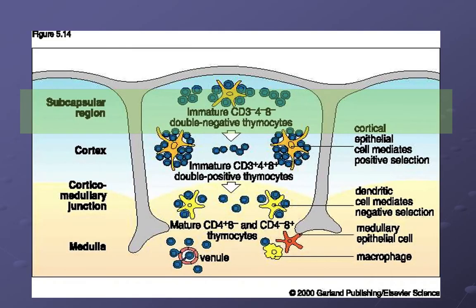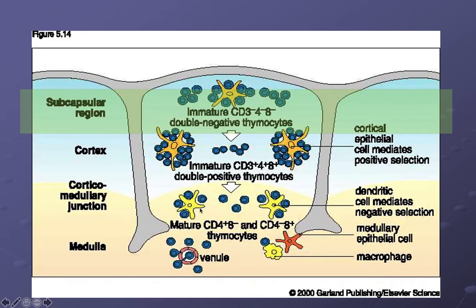Immature double negative thymocytes, we can expect in the cortical area. And then as they mature, they specialize further, eventually becoming effector T cells, either helper or cytotoxic, or further subsets depending on activation by other cells or by chemokines. So from capsule to medulla, from outer cortex into the medulla with blood vessels, we expect a maturation gradient.